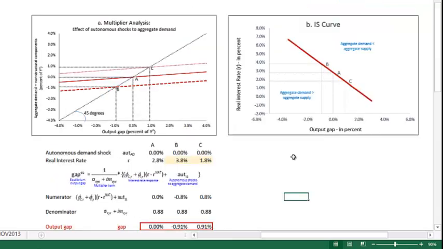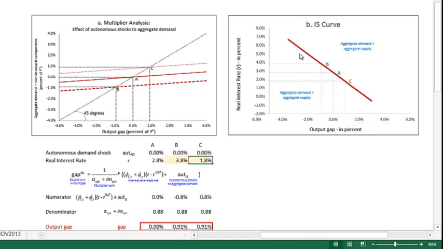Well, now we're going to summarize these 3 points in terms of output gap and interest rate, because you'll remember that at point A, the interest rate was 2.8%. For point B, the interest rate was above at 3.8%, and below, when we reduced the interest rate to 1.8%, we were at point C, and the output gap increased.